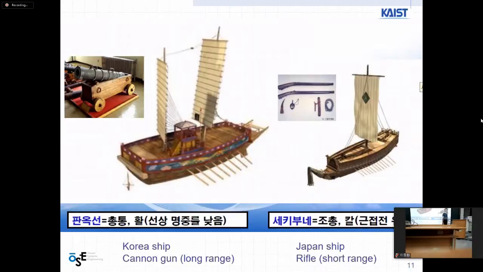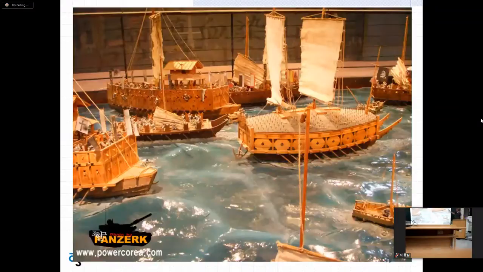You may expect that this turtle ship's baseline is an ordinary vessel, but they made another technology to cover it, to try to protect from the Japanese warriors coming into the ship.